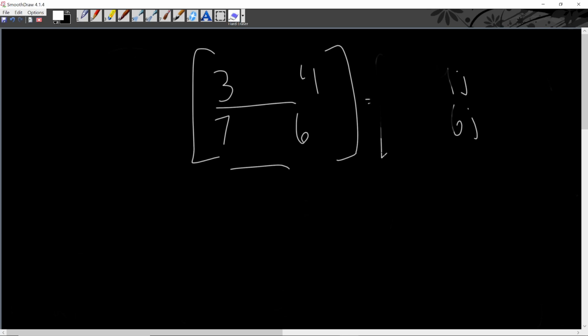This is a system of equations, right? If we say that i is a unit vector in the x direction and j is a unit vector in the y direction, we can write this as 3x plus 4y and 7x plus 6y, and this can be used as a representation of a system of equations, and you can do some calculations. I definitely do need to talk about that at some point.